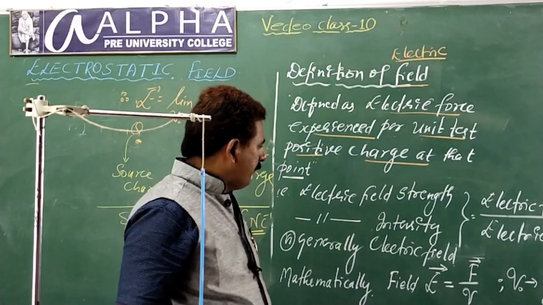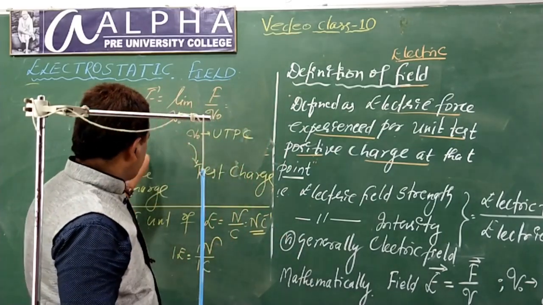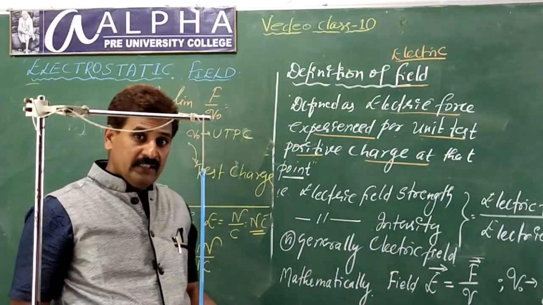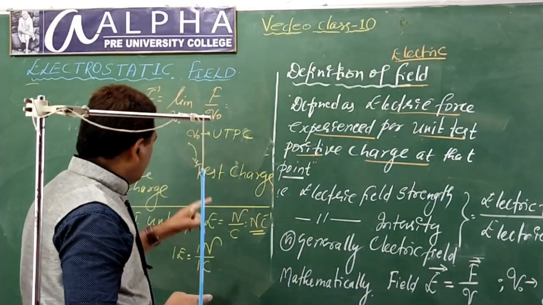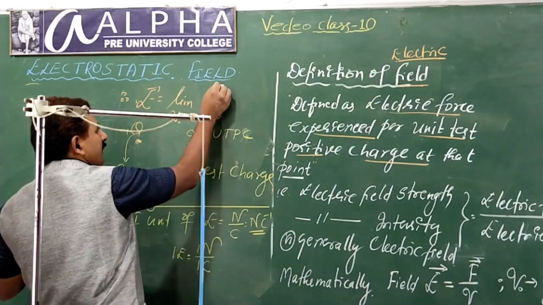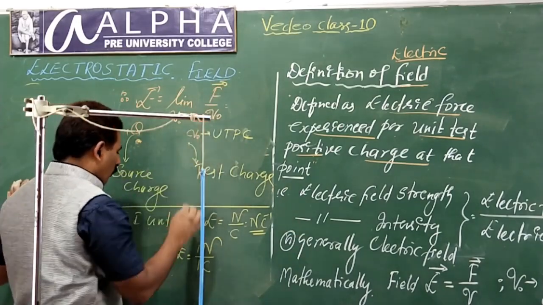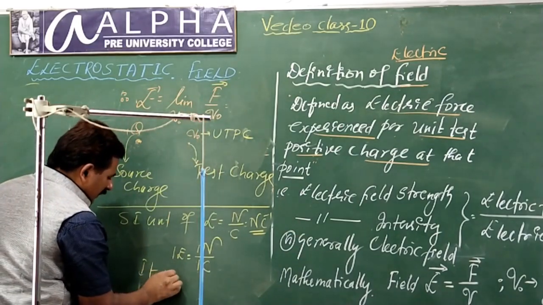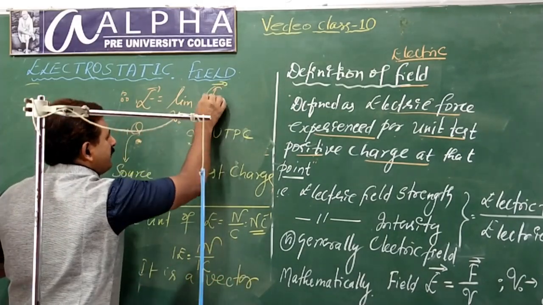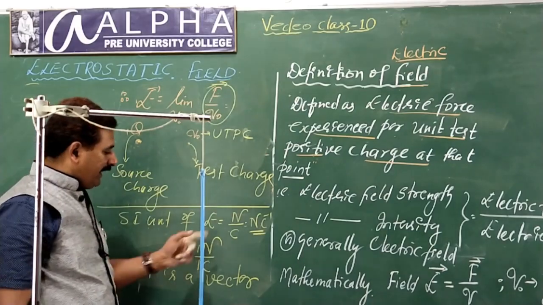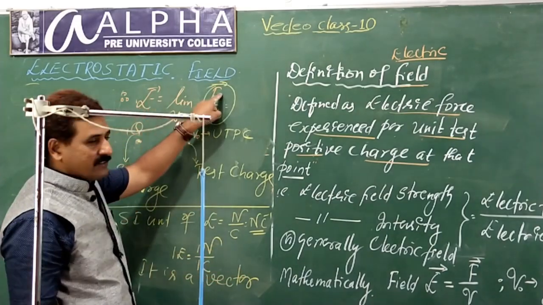Now, because of the explanation of electric field, we can write a direction for electric field. It has direction because it is force per unit charge. That's why I write it like this. It is a vector. What is a vector? A quantity having magnitude, which is force per unit charge, and direction. Direction is the same as the force.